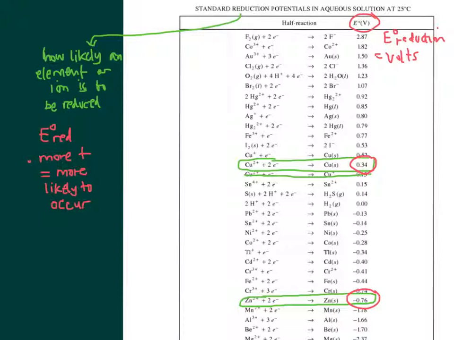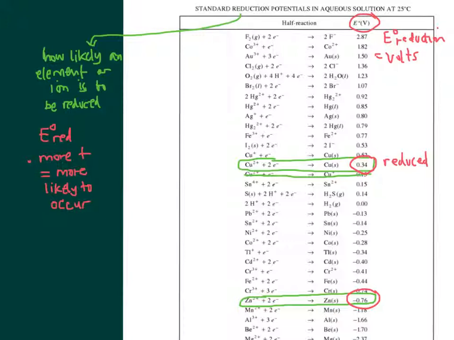What you're doing is comparing the reduction potential. The E reduction, or the reduction potential for copper, is a positive 0.34, and the reduction potential for zinc is a negative 0.76. Because this is a more positive value than this, when I put these two things together, I know that copper is going to get reduced before zinc will.